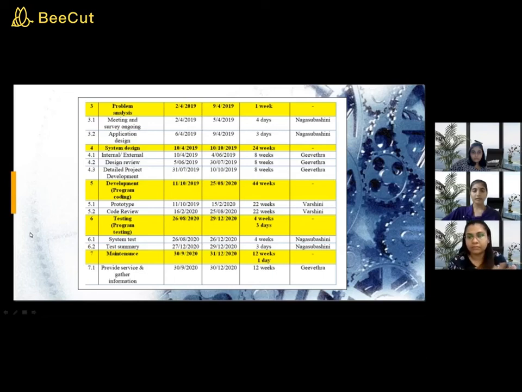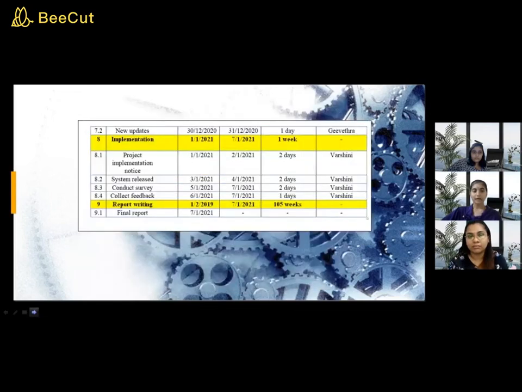Start time is 30th September 2020 and finish time is 31st December 2020. It takes exactly 12 weeks and 1 day. Task 8 is implementation. Start time is 1st January 2021 and finish time is 7th January 2021. It takes exactly 1 week.